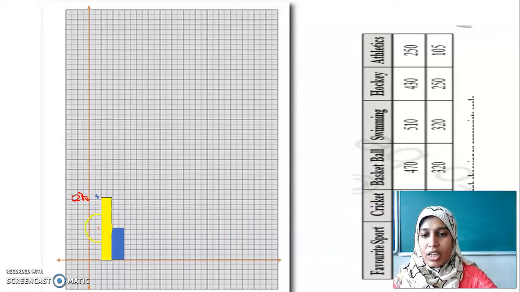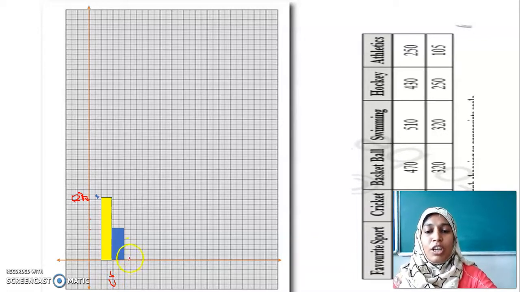So now locate 620 here: 200, 400, 600, 620. Okay, draw it. See here, you should not have any blank space between these two bars. These two bars should be drawn continuously. That is why this is called a double bar graph. These two bars represent the sport cricket. You will write here cricket.